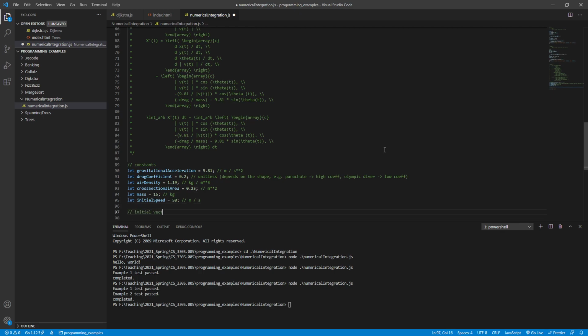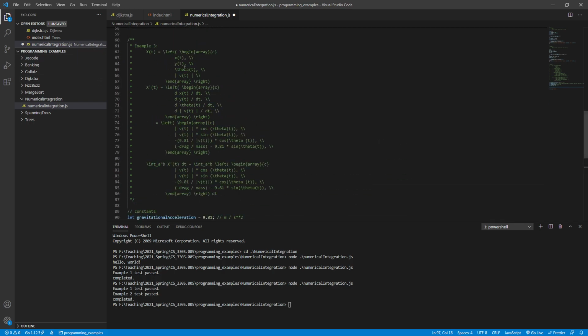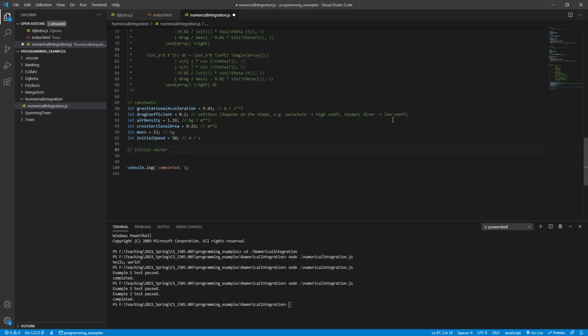Okay, so now we need to initialize the vector. So this vector, that of our implicit function, but we definitely have implicit initial values. So then we have a launch angle, which is our initial theta. So we're going to launch it at 45 degrees.